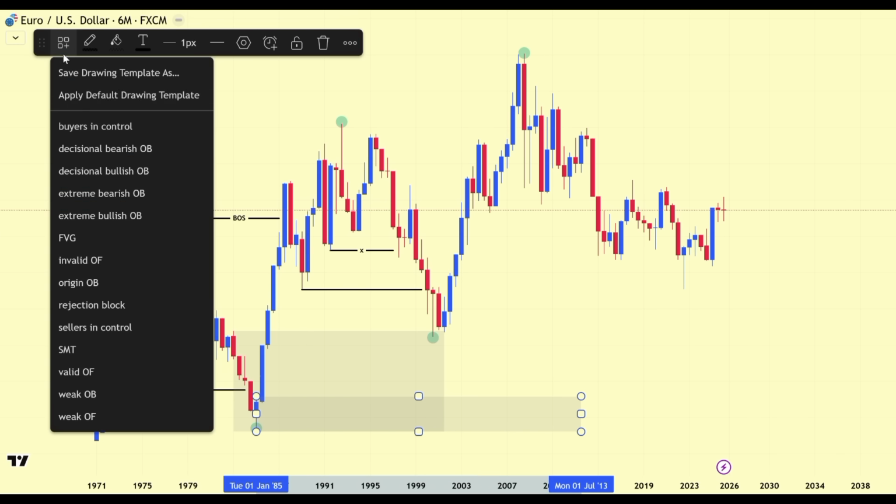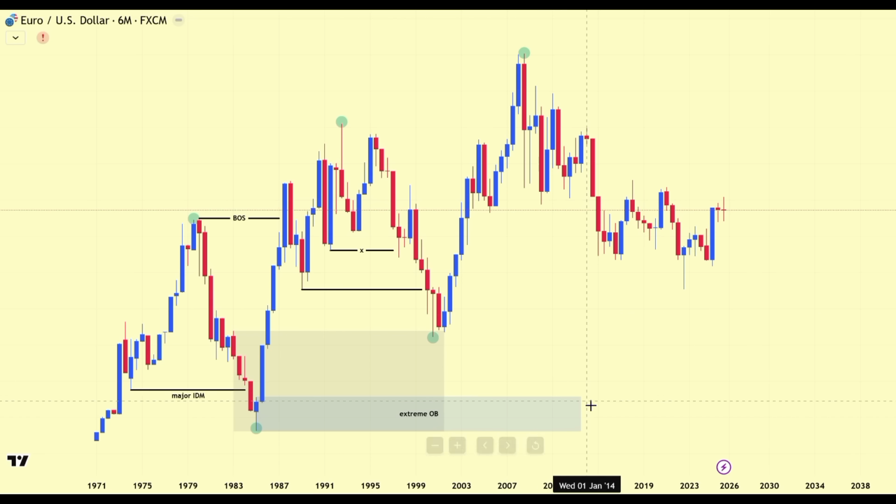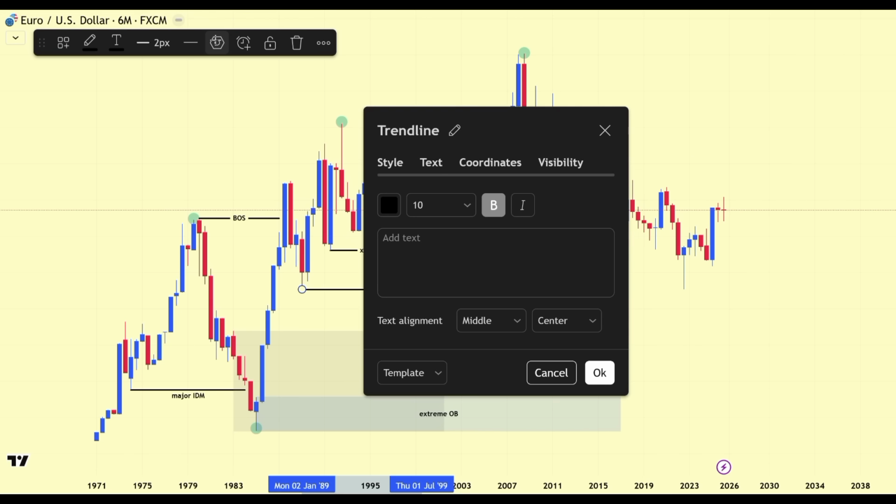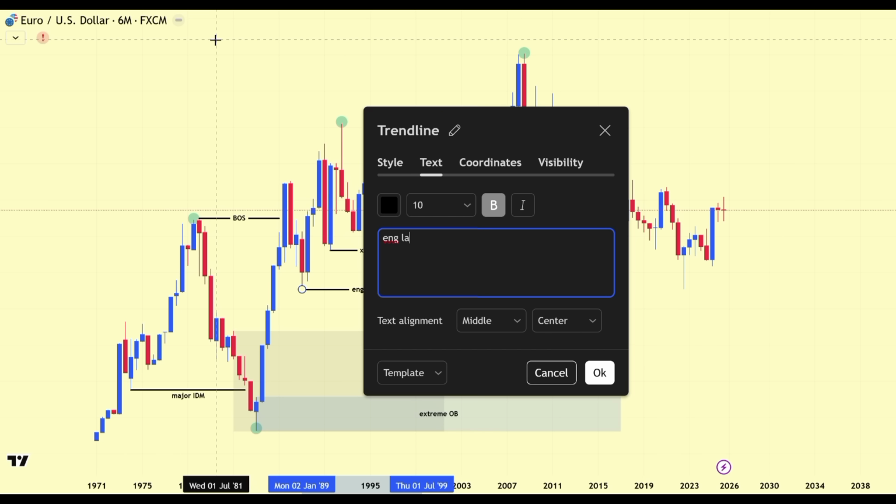It's still not mitigated, so probably in the future if price makes it there, then that will act as a reversal zone. But right here we can clearly see price reversed upon mitigation of the extreme order flow, and of course this here will make the engineering liquidity. So there we have it, our engineering liquidity.